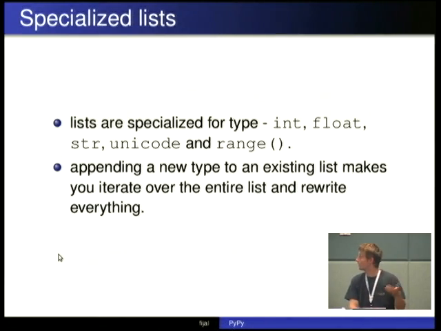Another thing is specialized lists. PyPy will, yes? Does it mean there's no need for slots or something like that? Yes, slots are completely pointless on PyPy. They don't save anything. There's a number somewhere. No, I think it's like 25 or something.